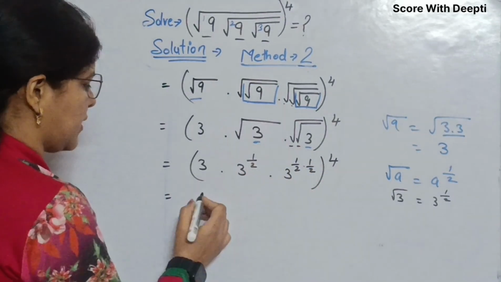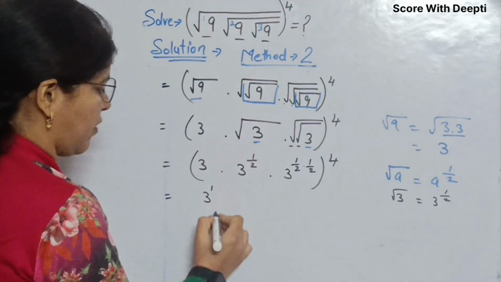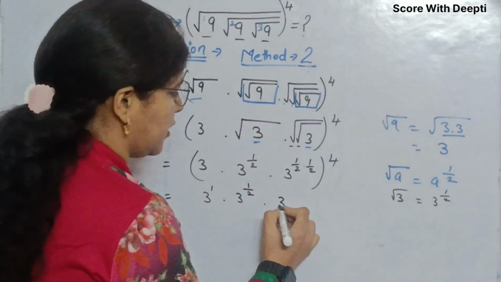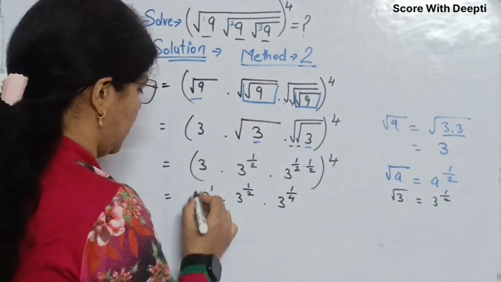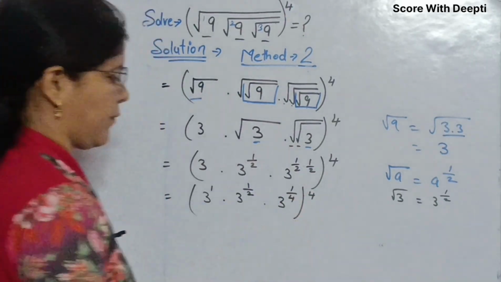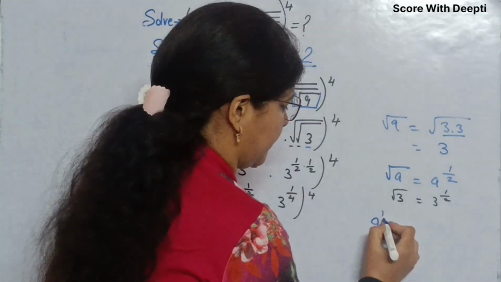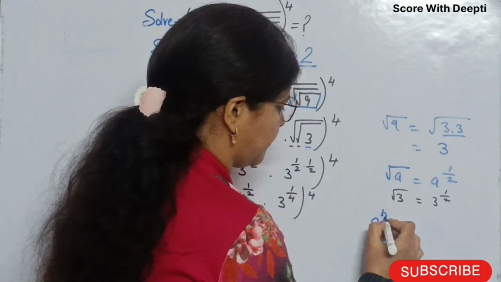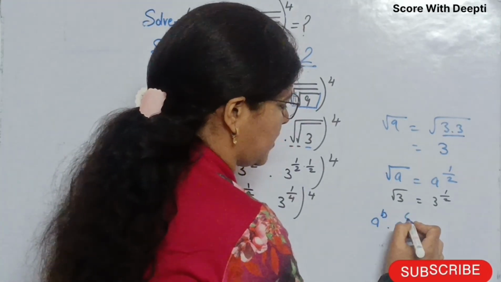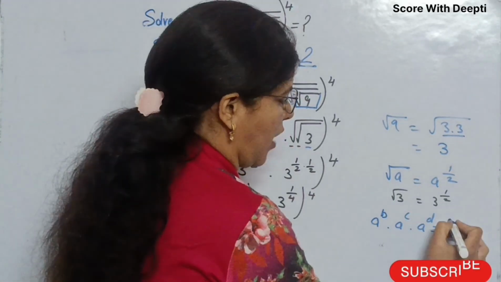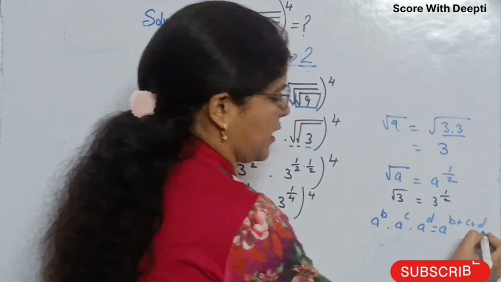Next, we solve this and get 3 to the power 1 into 3 to the power 1 by 2 into 3 to the power 1 by 4, to the whole power 4. Next, if a to the power b into a to the power c into a to the power d is given, then it is equal to a to the power b plus c plus d.